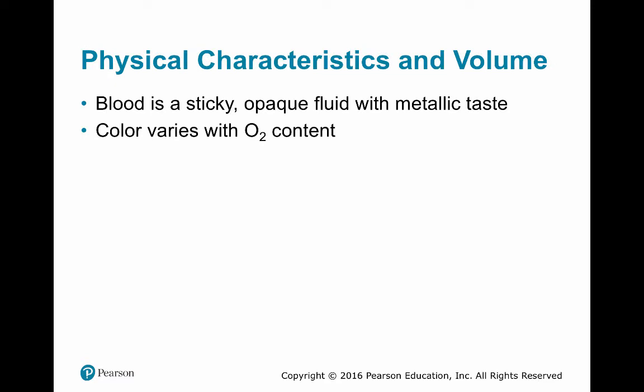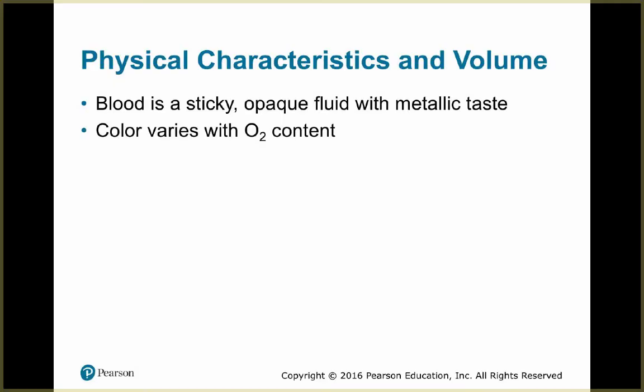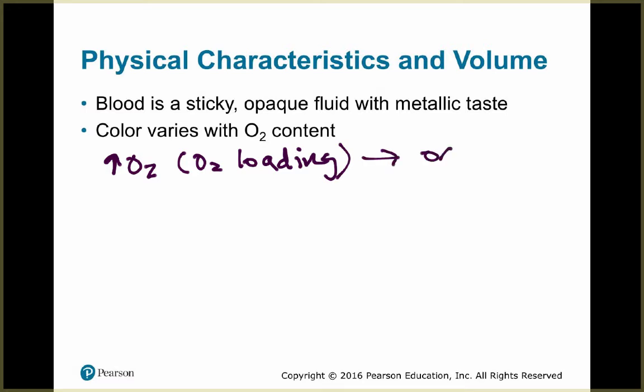Now, the physical characteristics of blood and how much volume there is, essentially. Blood is a sticky, opaque fluid, and it has a metallic taste. So if you've ever bitten the inside of your mouth, you will know that it tastes a little metallic. The color varies with O2 concentrations. Essentially, if you have high O2 concentrations, this is what's known as O2 loading. It produces what's known as oxyhemoglobin.